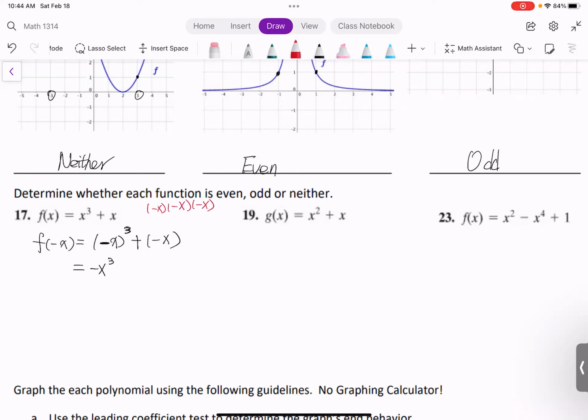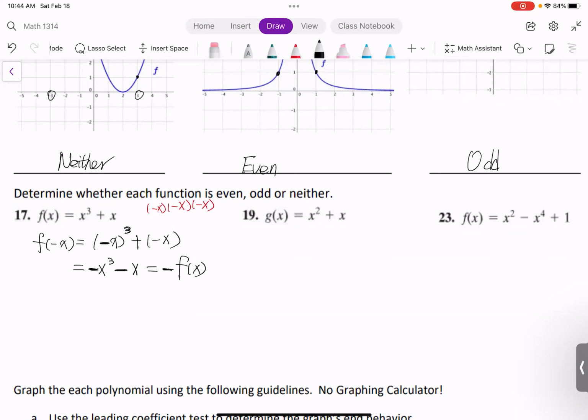Must be -x cubed. Then minus x. Let's see. This is negative. This is negative. Here is positive. Here is positive. Oh, I see. This one equals negative f of x.